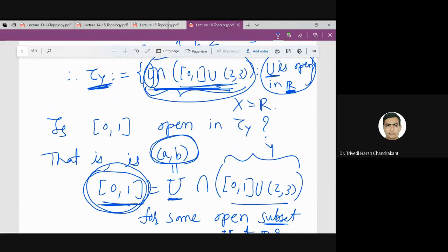Basic open sets are open intervals with respect to the standard topology. So can I find a basic open interval AB such that the intersection of AB with Y is the given set? If I can do that, then this set is open.